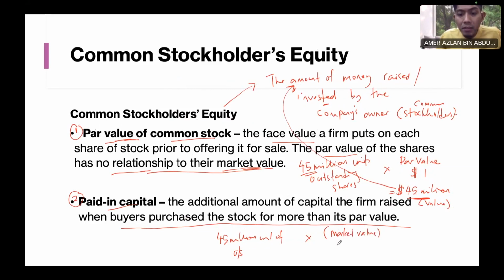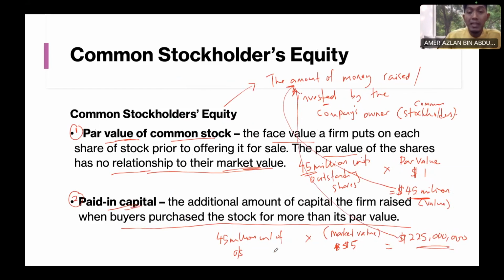Let's say the market value was around $5. So 45 million shares times $5 is equivalent to $225 million. This is the amount of money raised or invested by the company owners in terms of paid-in capital.